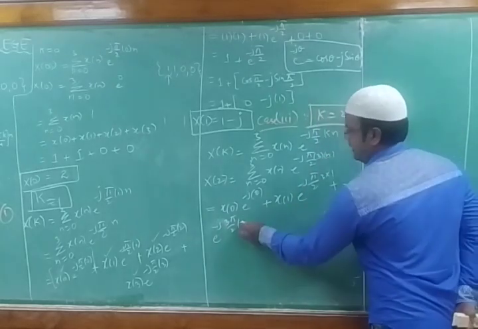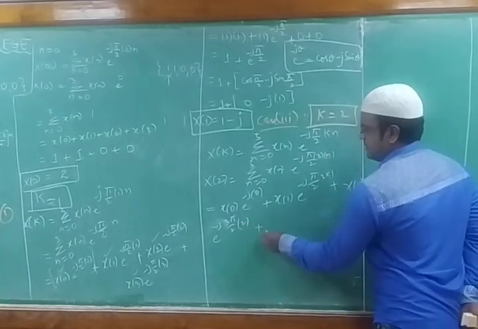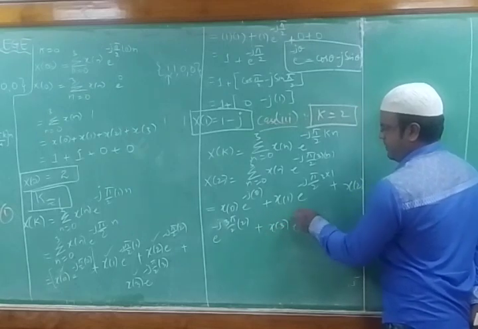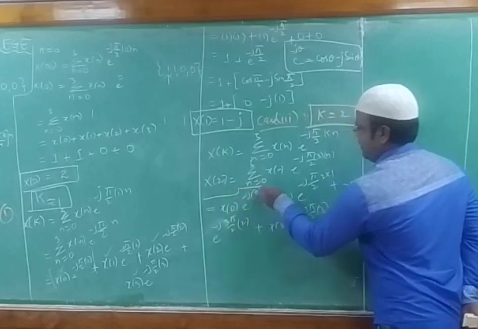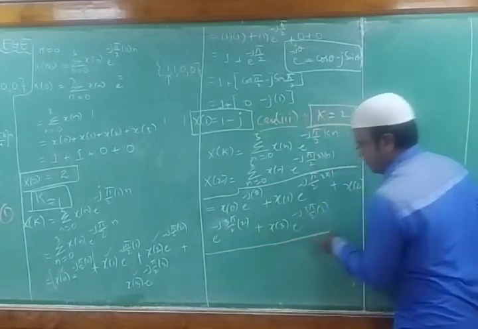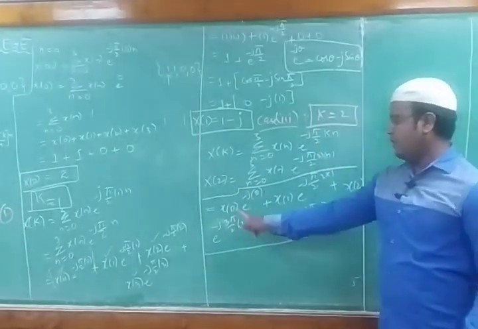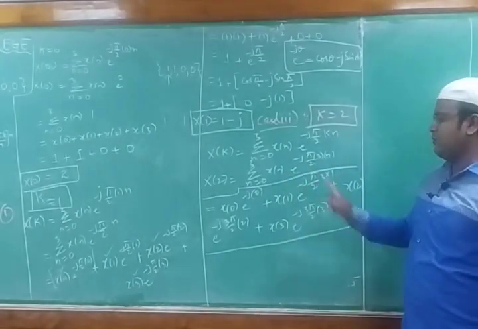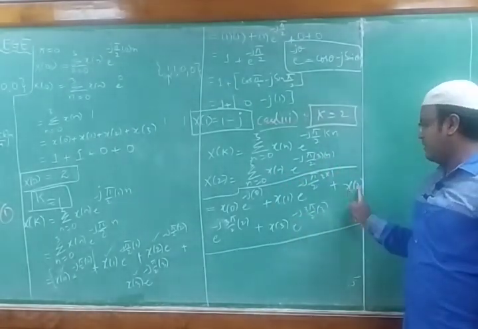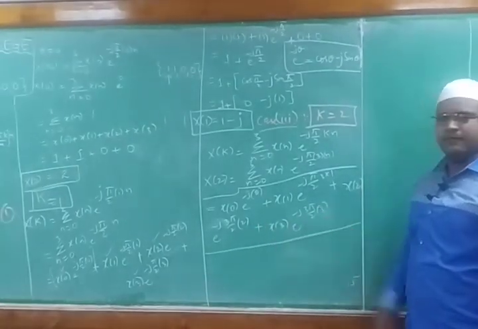We do have 2. So we'll write this 2, plus x of 3 e power minus j 3 pi by 2 into again 3. So these are our substitutions of all those values. So we put 0 at both ends, and wherever n is there, 0. Next 1 we put for both ends. Next would be 2 here also, here also. Likewise we put 3.